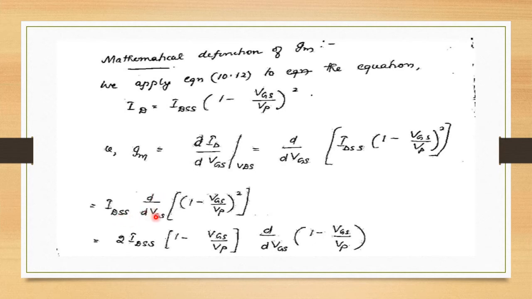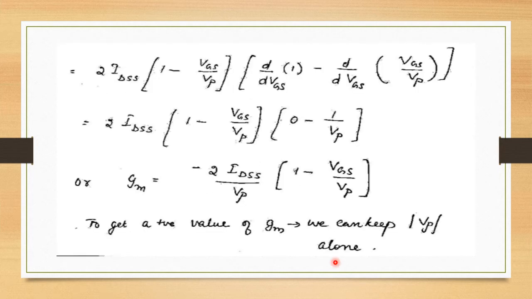Differentiating, you get 2 IDSS into (1 minus VGS by VP) into d by dVGS of (1 minus VGS by VP), which gives this value into 0 minus 1 by VP.